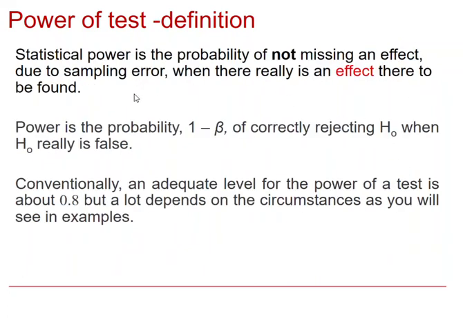So a high statistical power for a test is desirable because it should pick up when there really is an effect to be found. Conventionally, an adequate level for power is set at about 0.8, but this does vary depending on circumstances.